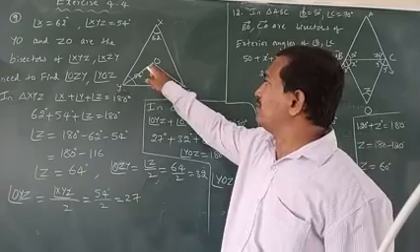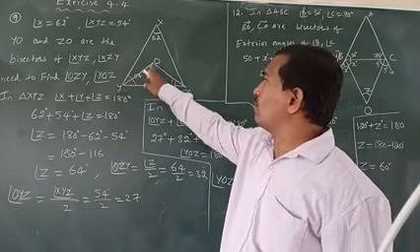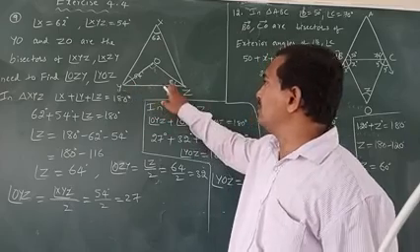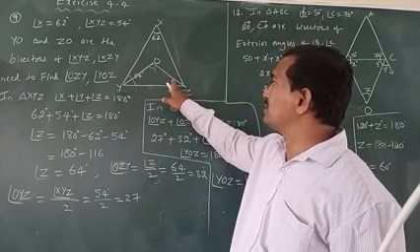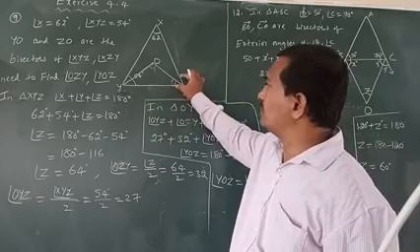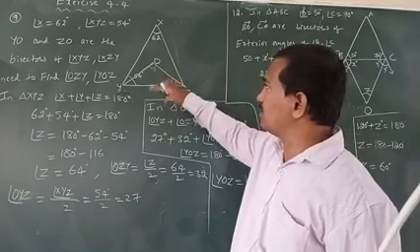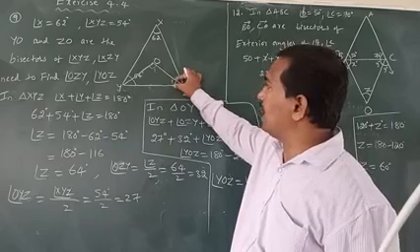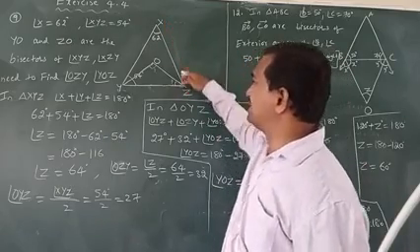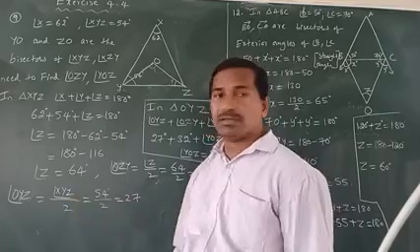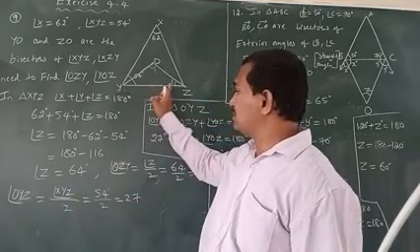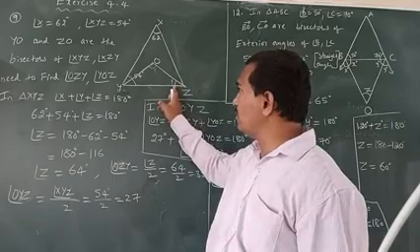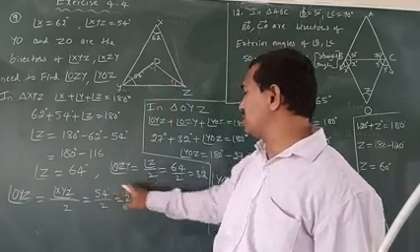Now to find angle OZY, this is the bisector of the total angle XZY. So this angle is half of the angle XZY. We got the total angle Z as 64, and this is half of 64.